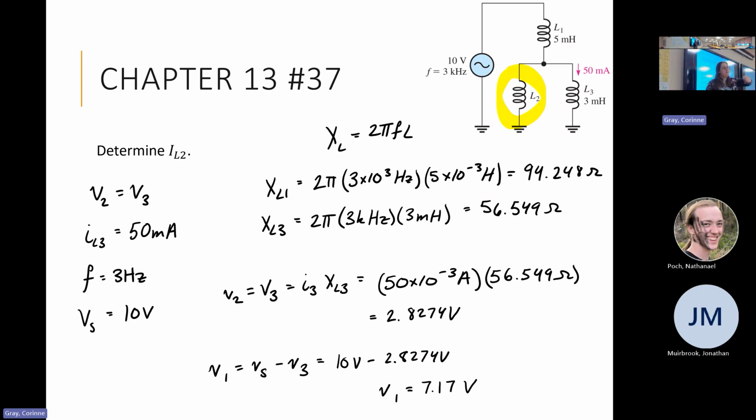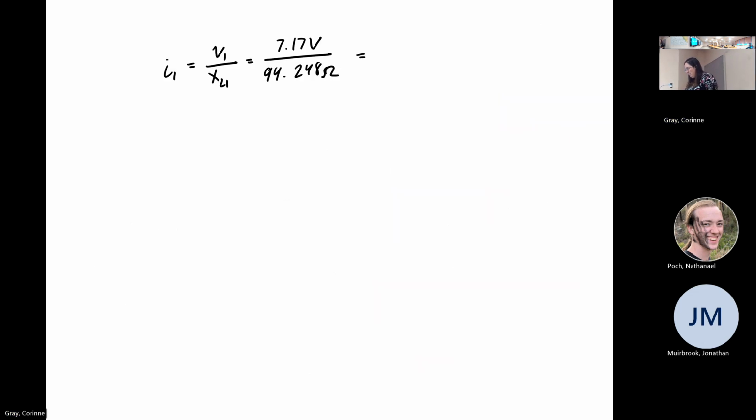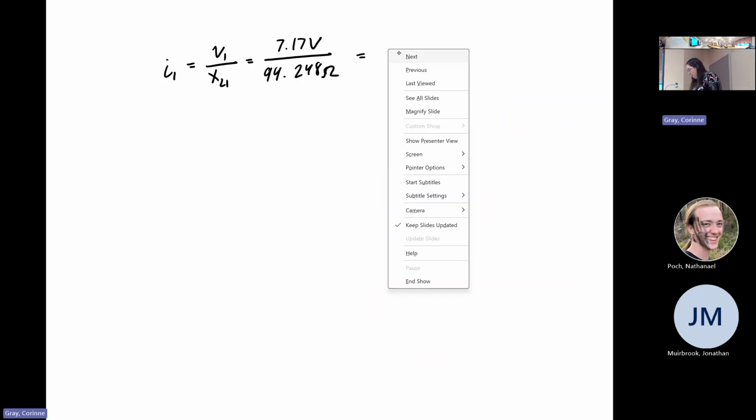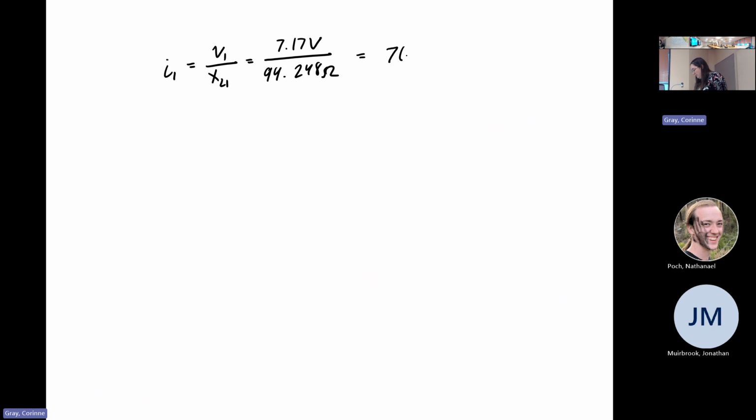Or because this pops out as an ugly decimal, we can just directly convert that into milliamps. That way, we can keep everything in milliamps moving forward. So if we do this, I got 76.1 milliamps.